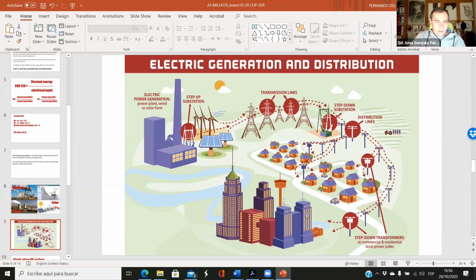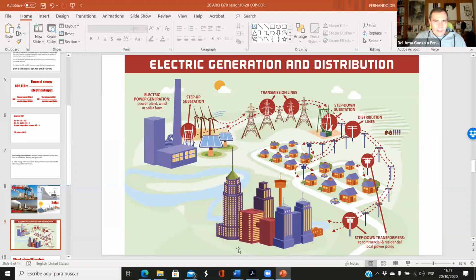So we can change the way we have done this for, let's say, 100 years. Usually we had the production plant somewhere out of the city, and then we needed the transportation, and then we needed the distribution and delivery.